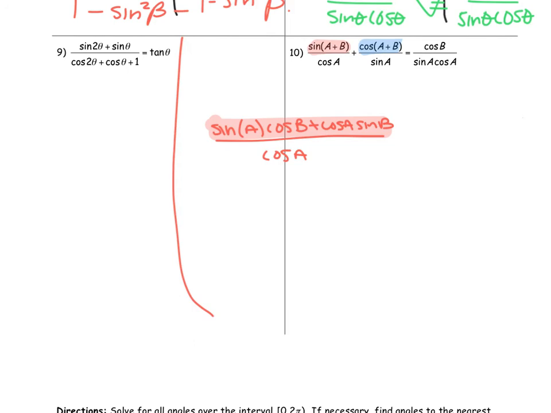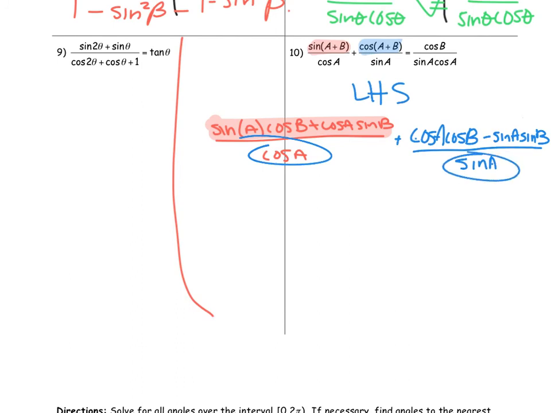So we can replace cosine of A plus B as cosine A cosine B minus sine A sine B. Again, everything here that I'm doing right now is all left-hand side. I just did not give you enough space here, so I apologize. And this is all over sine A. Now, before I start to combine like terms, I need to get the denominators to be the exact same, and they're not.